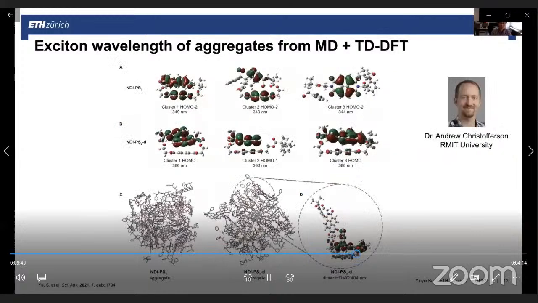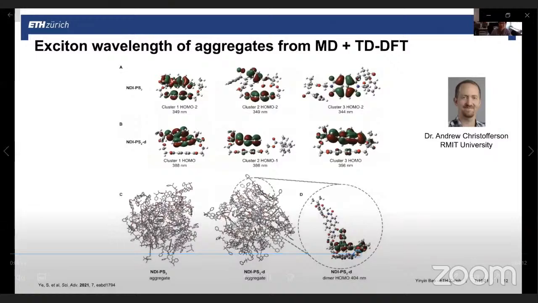We further use molecular dynamics simulation in combination with TDDFT to calculate the excitation wavelengths of the aggregate model from our system. We can see that after the debromination in this aggregate model, a dimer structure is formed between the NDI fluorophore and the vinyl benzene structure induced by the end group transformation.